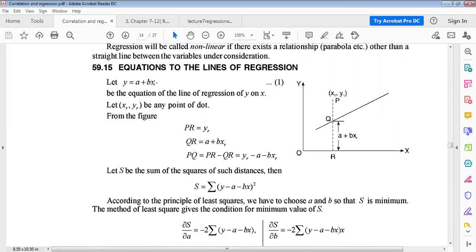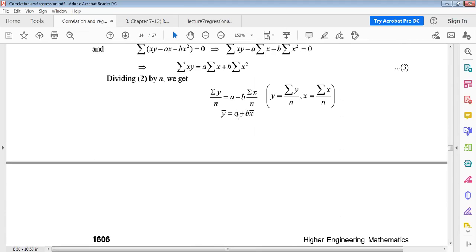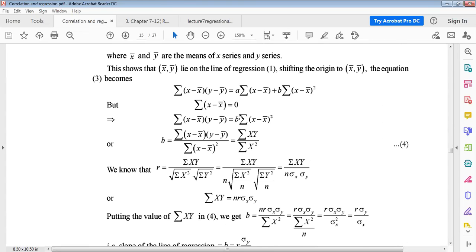There are two variables, one is the dependent variable y and the other is the independent variable x. So the relation between two variables is actually a function, and for every value of x we get another value of y. So this is the straight line, remember it. And this is also true for the mean: y bar equals a plus b x bar.